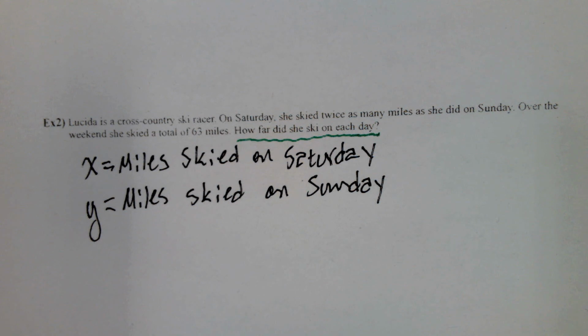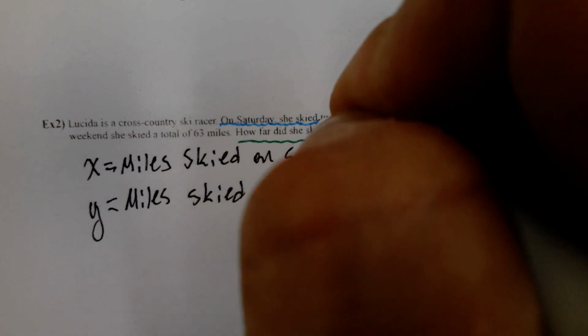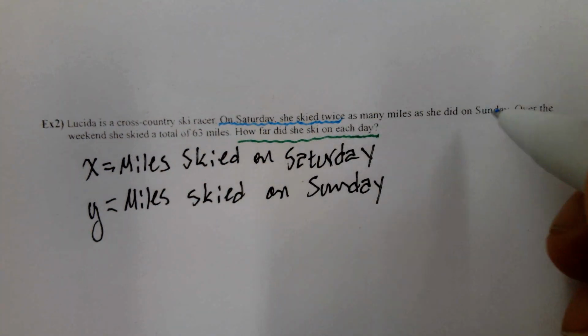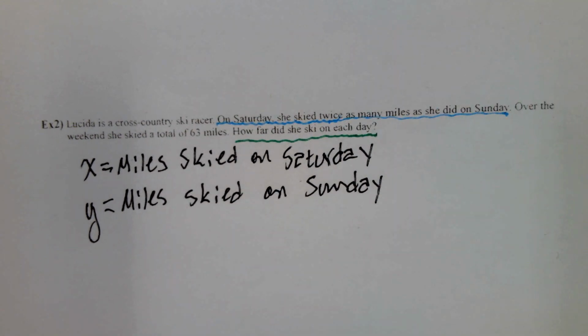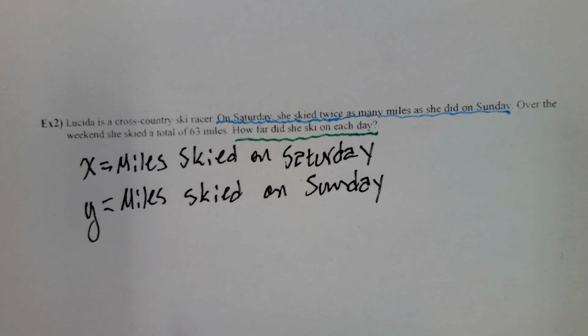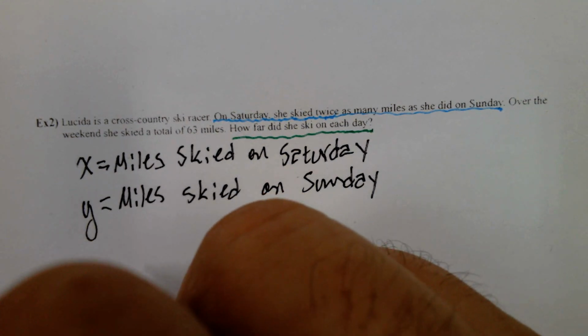This is going to be similar to number 1. Let's start here. On Saturday, she skied twice as many miles as she did on Sunday. Okay. So which day did she ski more miles? Saturday or Sunday? Saturday. So Saturday is X, and it's twice as many.